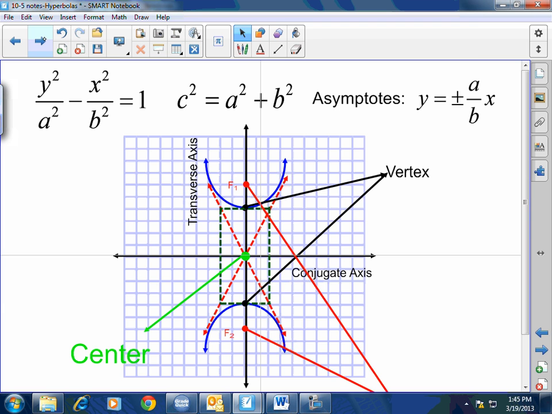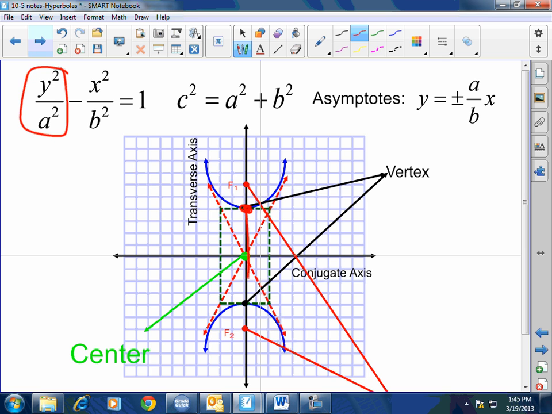If I have that my y squared is positive, that means my transverse axis, which is from vertex to vertex, is the y-axis. Okay? You with me so far, my friends?